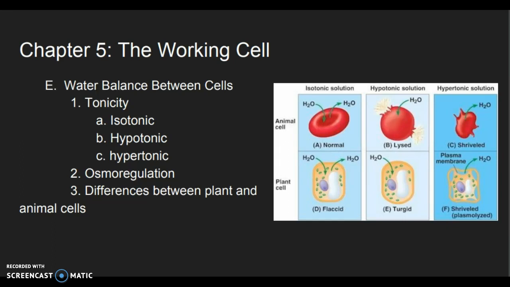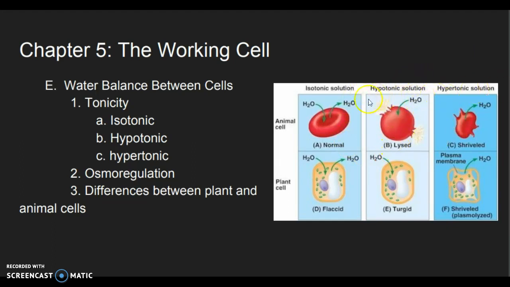However, in hypotonic solutions, you're usually going to have a cell that is lysed because of the environment that it is in. Now, in hypotonic solutions, the concentration of solutes on the outside is lower than what is on the inside, and the concentration of water on the outside is higher than what's on the inside.